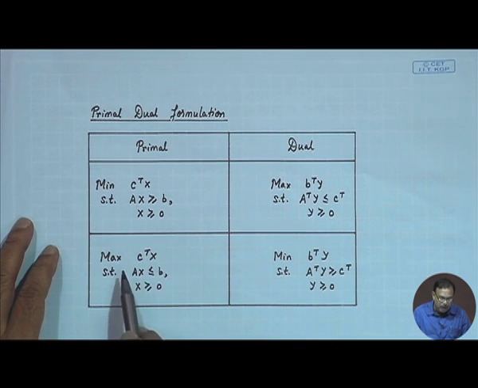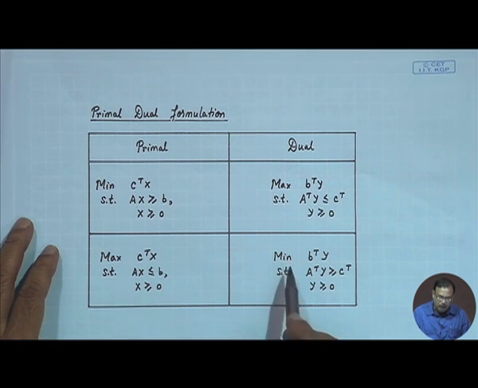Similarly, if we have the maximization problem, in general: maximize C transpose X subject to Ax less than or equal to B, x greater than or equal to 0. This will be converted into a minimization problem: minimize B transpose Y subject to A transpose Y greater than or equal to C transpose.